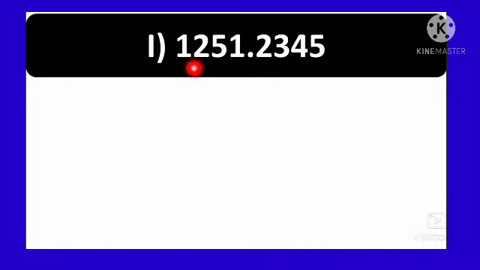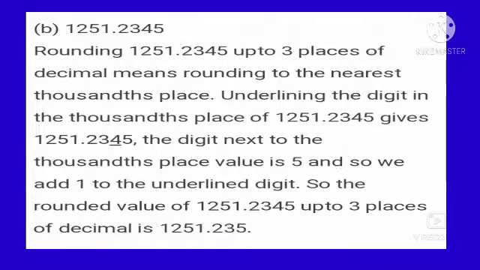First problem, 1251.2345. So children, as a first step, underline the digit that is to be rounded. Here, the 1000th place. Which digit is in the 1000th place? Yes, it is 4. So underline the digit 4.